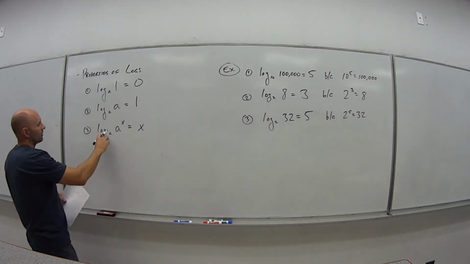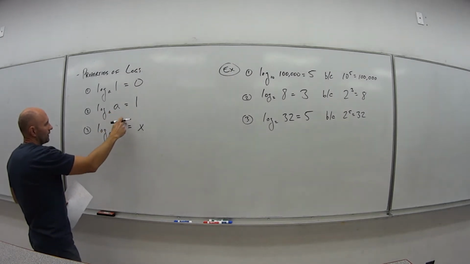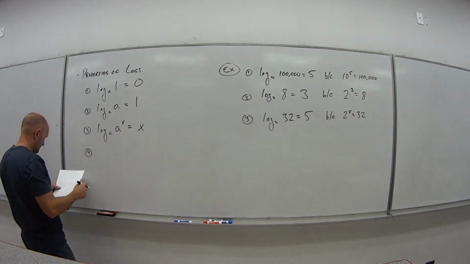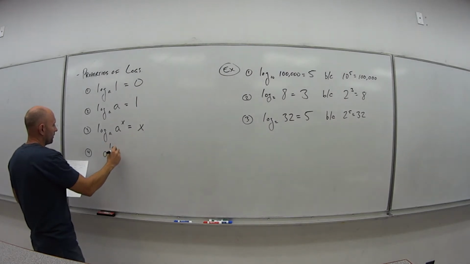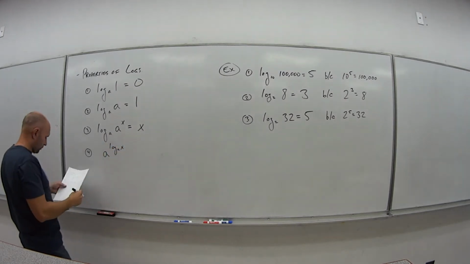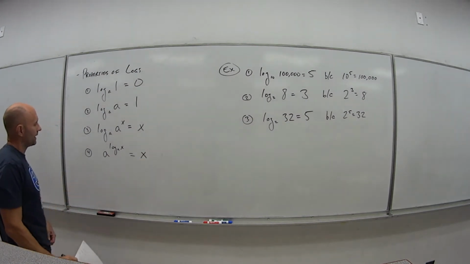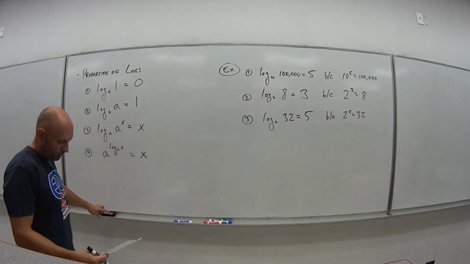So if I had log base 4 of 4 to the 3rd power, it would be 3. Whatever power that's raised to, that's the value that I get when it's simplified. And lastly, if I have A to the log base A of x power, this is also equal to x. So we have these 4 properties.